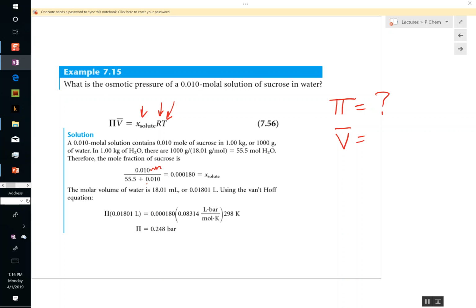So here's the pressure. That's a pretty dilute solution of sugar, and it's generating almost a quarter of an atmosphere of pressure. That's a lot of pressure for a very dilute solution. The book goes on to compare this to a little baby giraffe standing there.